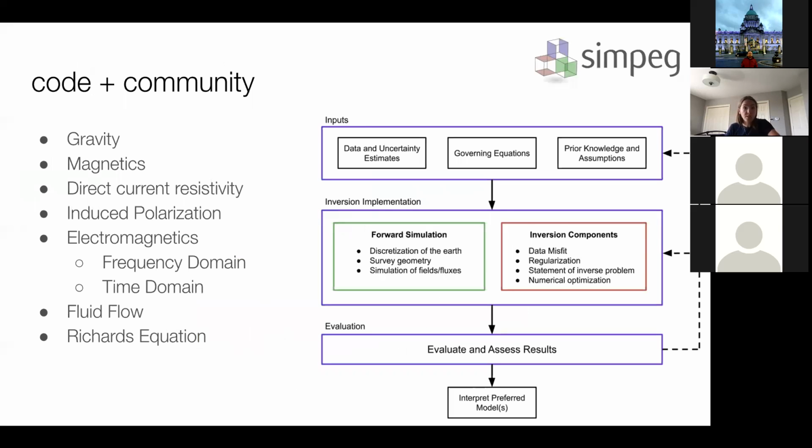I've talked about this in the context of DC resistivity, but there's a whole suite of methods that we've implemented in SimPEG. We've got gravity and magnetics, induced polarization, which is sensitive to chargeability, electromagnetics, and, with fluid flow, Richards equation. The high-level process that I talked about before, where we're running this optimization problem, tends to be a fairly iterative process.